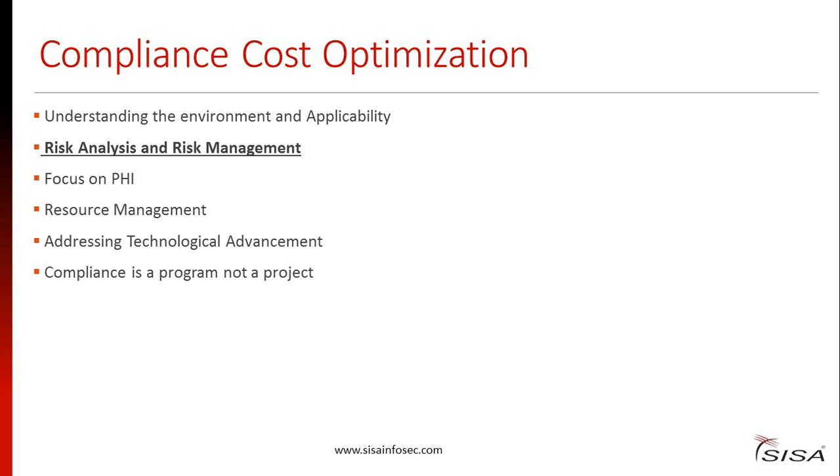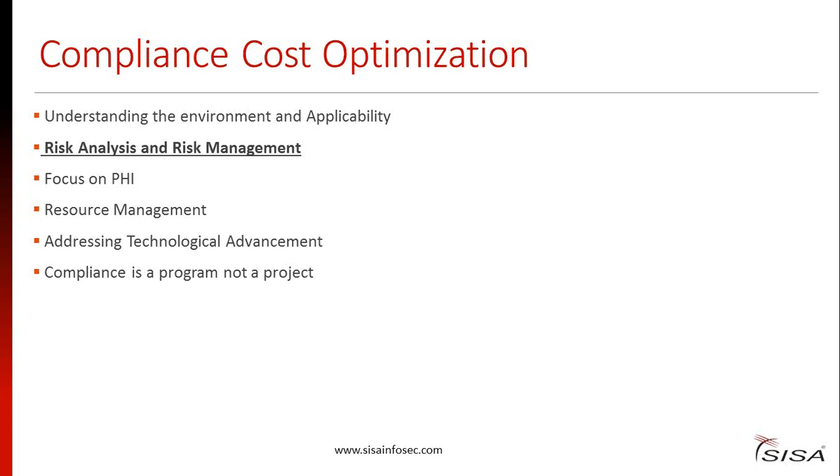So you have to understand which particular environment you are going to be compliant in for HIPAA, and what particular requirements are applicable for you, so that you can architect your HIPAA compliance controls in a cost-effective manner.